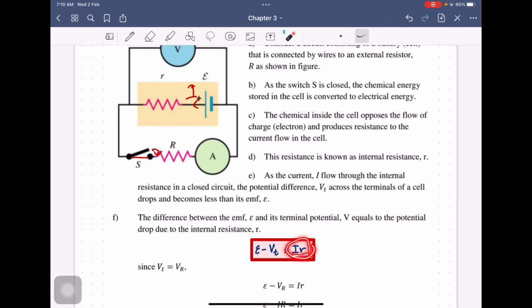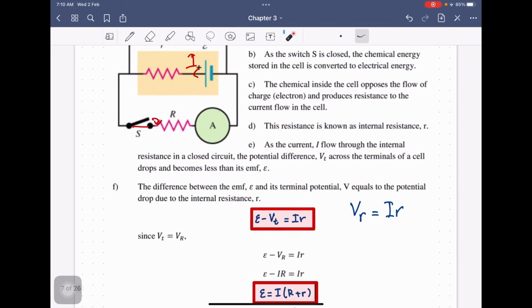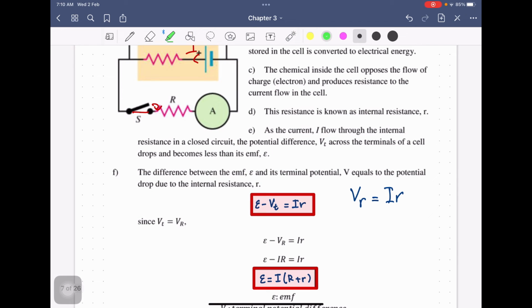Okay, I darab dengan R kecil ini apa? Ianya adalah V across R kecil, V across internal resistance which is I darab dengan R kecil. Since V terminal tu sama dengan apa? Sebenarnya saya bagi tahu V terminal adalah V across R besar. R besar means that V across external resistance.